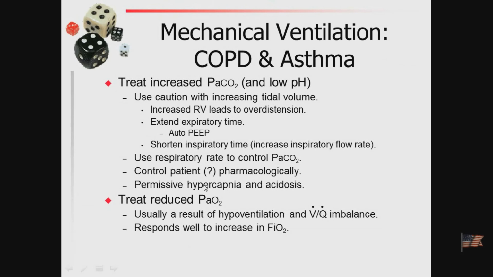There are certain patients who are so difficult to ventilate that the only way we can is to pharmacologically paralyze them. Control them that way. Okay. And there is an approach, something called permissive hypercapnia.